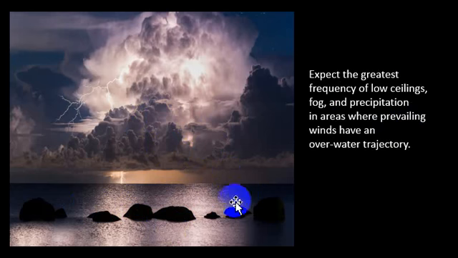In an area where you have large bodies of water, like an ocean or a lake, you can expect low ceilings, meaning the clouds come down real low to the ground, not necessarily at the fog level, but maybe 1,000 or 500 feet above the surface of the airport. If there's an airport nearby, we get fog and we get precipitation, a lot of it, very frequently.